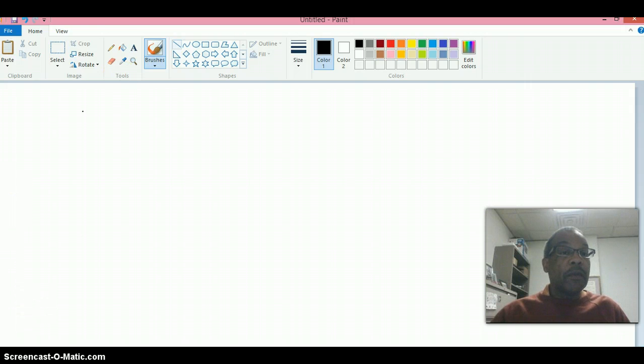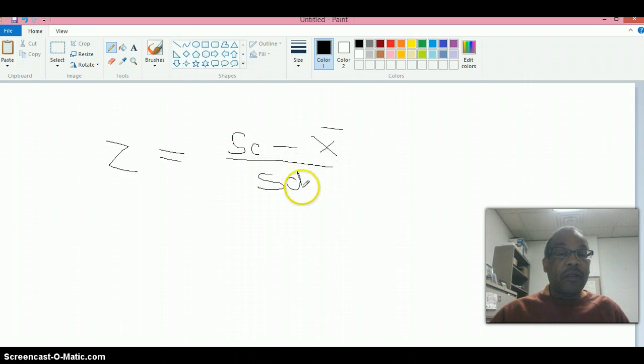So I'm using a draw tool. I hope this works. It says that Z is equal to a score minus the mean divided by the standard deviation. And what we have here is the score that we have in this example is 115.